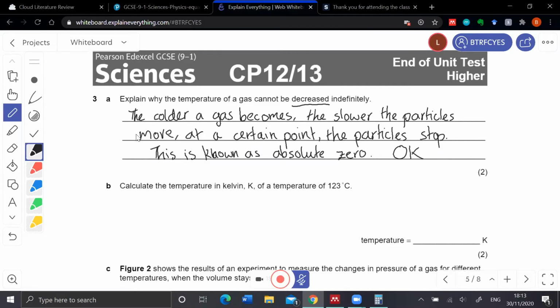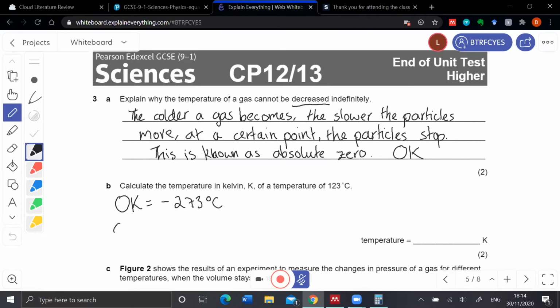So 0 Kelvin is equal to minus 273 degrees Celsius.